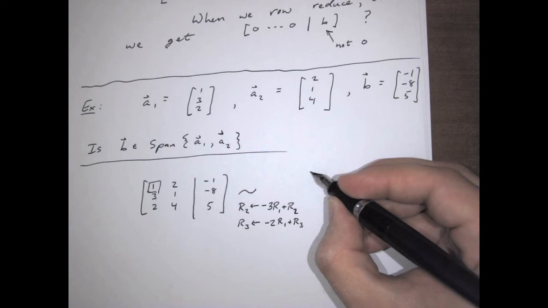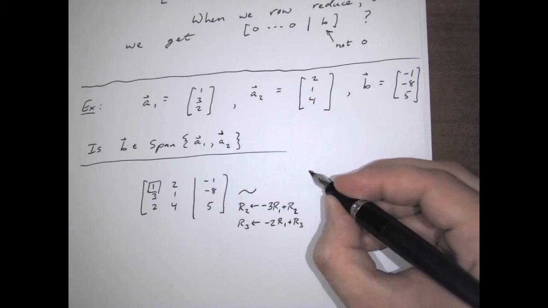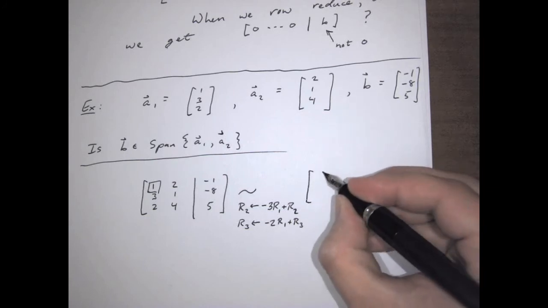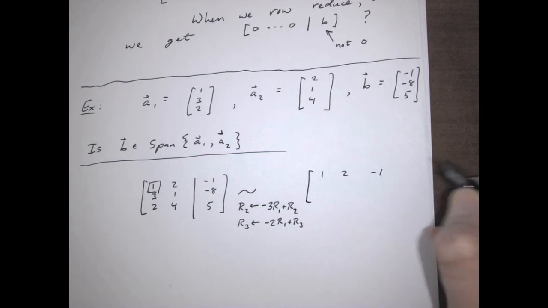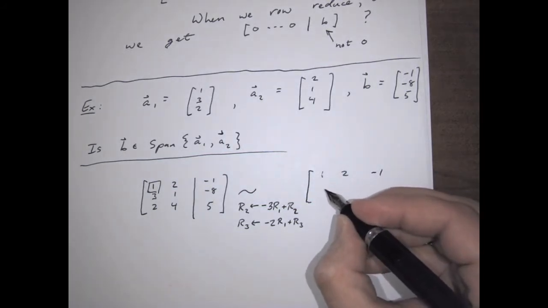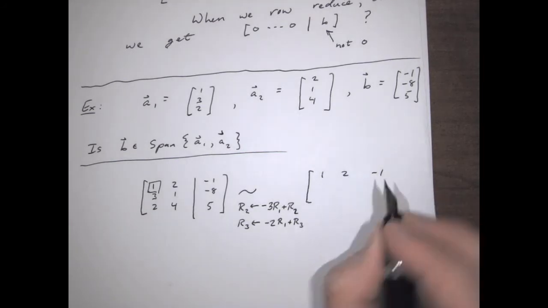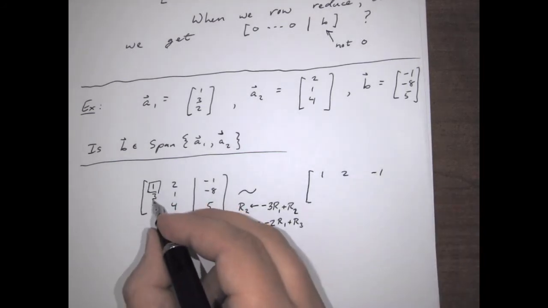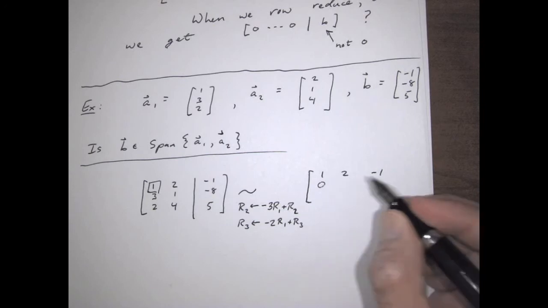Okay, so now 1, 2, -1. Nothing changes about the first row. That's the one that we're using to clear out the other ones. Now it's going to be -3 times this plus this. So it's going to make a 0. That was the whole point.